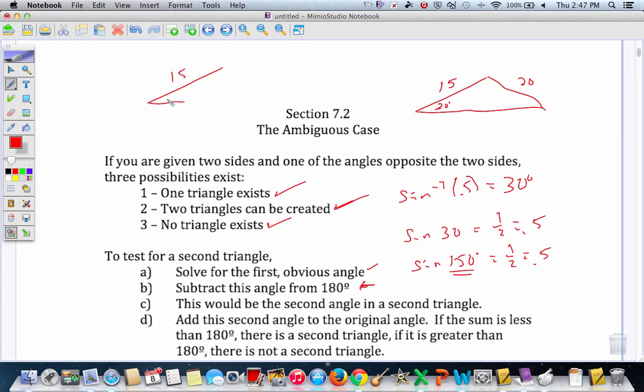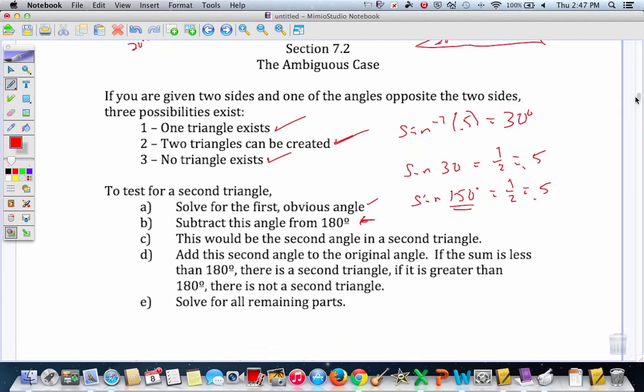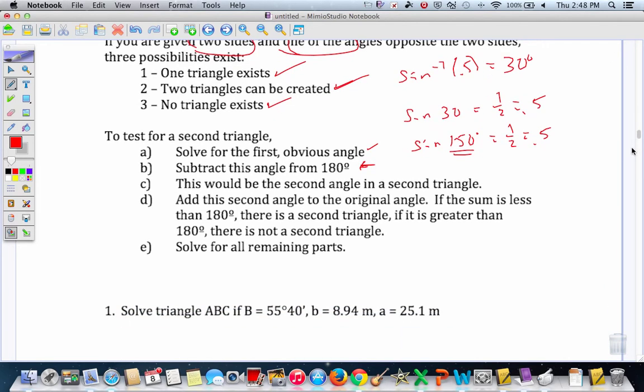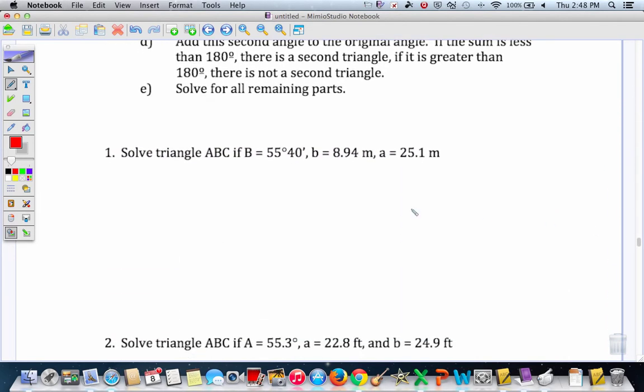We could take that same information, go 15 here, go an angle of 20 degrees here, and bring this side, maybe this length coming back, is 20. So we could have two different triangles created from the same set of information, which is essentially what we're saying down here with our ambiguous case. The bottom line is we have to investigate anytime we have two sides and one angle using the law of sines.